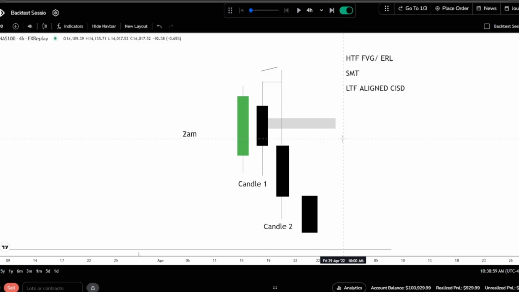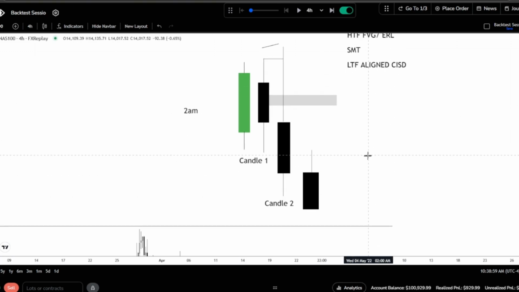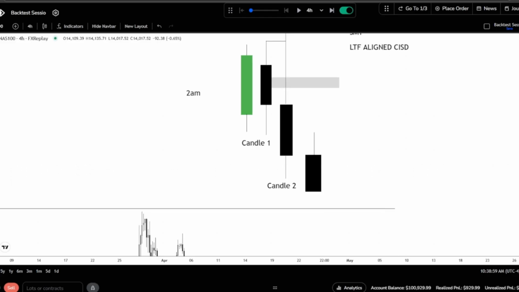But my mentorship student right here, Jose, he knows where the protraction profiles can tie into these concepts. And of course, just like how we trade the 10 AMD model, that ties back into the MMXM second stage of distribution, and that ties back into trading that candle 3 on the 10 candle.